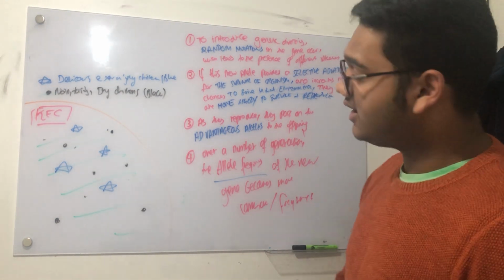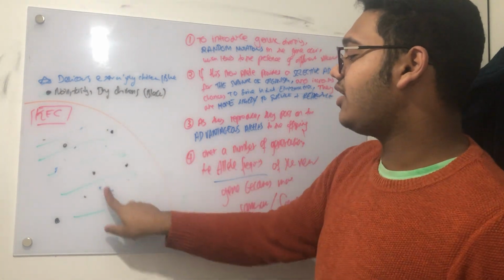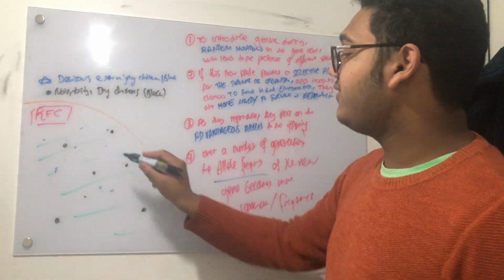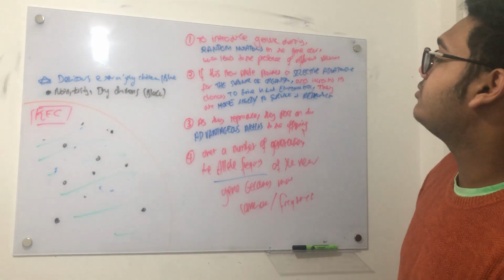I should have done that in blue, but I'm just going to highlight it because I'm lazy. So over time, KFC have effectively killed out all of these delicious chickens, and now we have a bunch of black-feathered dry chickens everywhere.